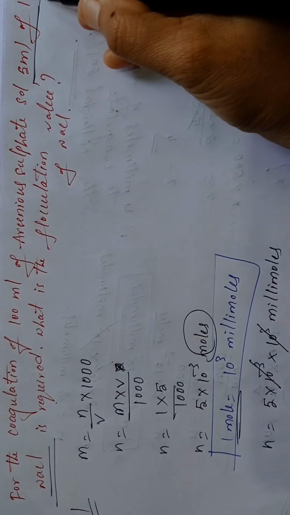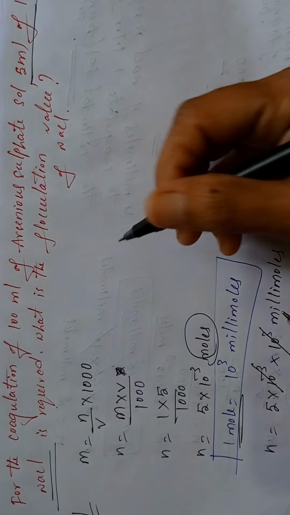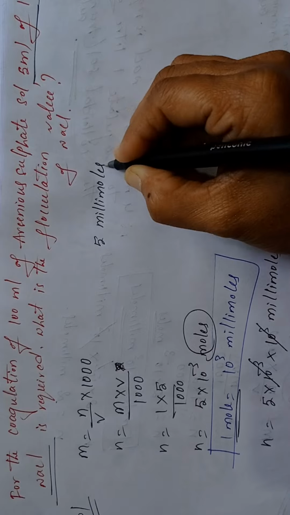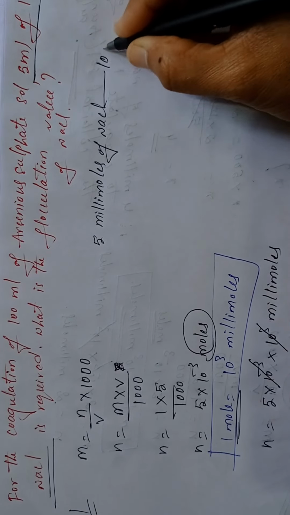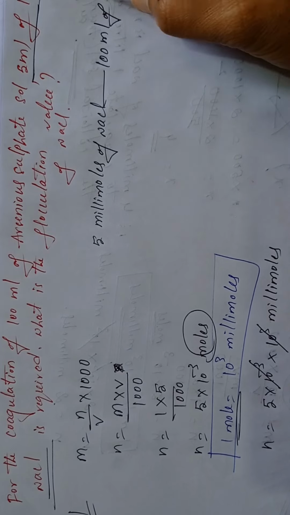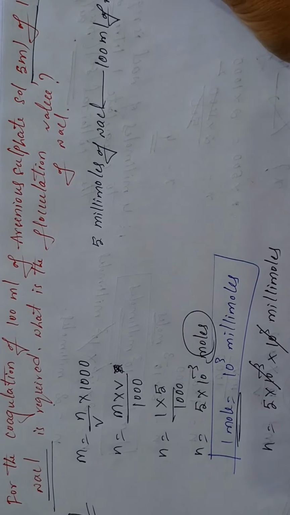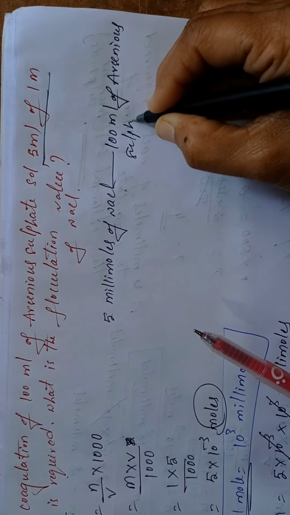Are you clear? So this one, how much we got in millimoles? 5 millimoles of NaCl is required for the coagulation of 100 ml of arsenious sulfate.